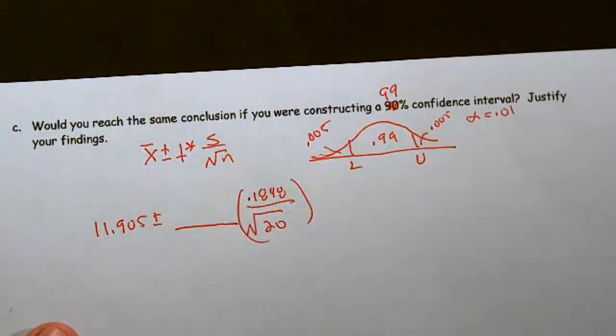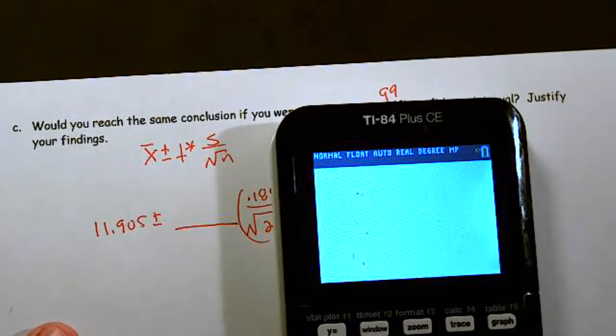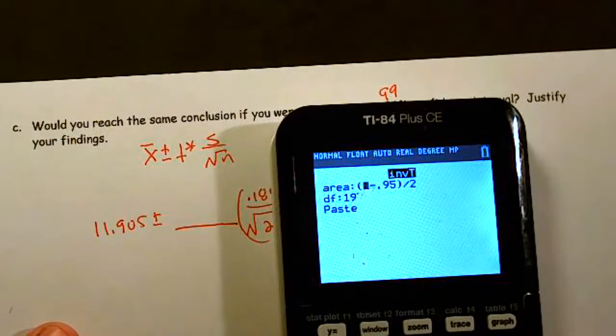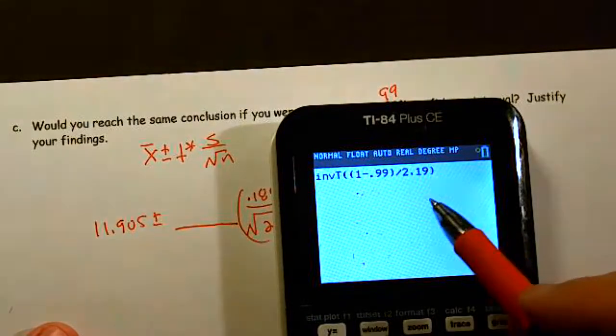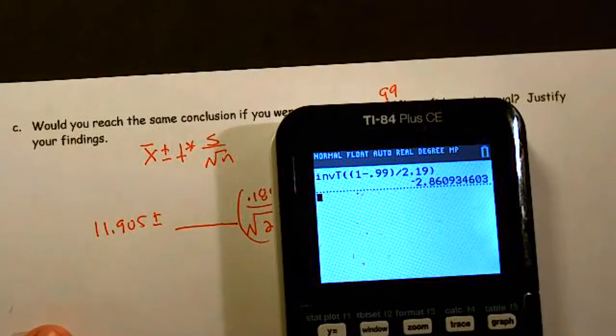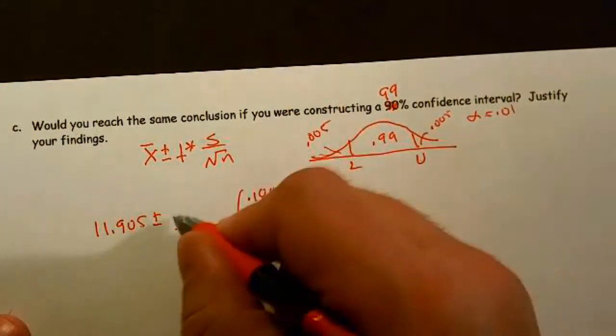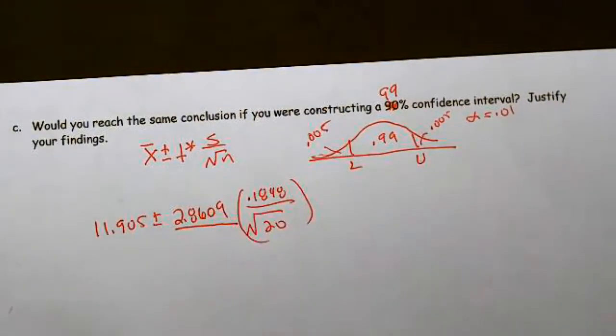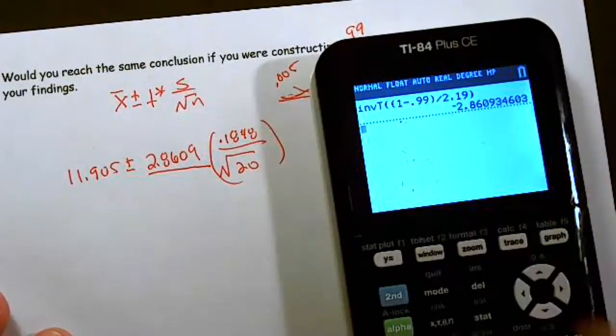T star, second vars. And you have to do this. Unfortunately, they don't give you this when you actually run the test. So you have to go ahead and show this value. And we end up getting 2.8609. All right, so 2.8609.